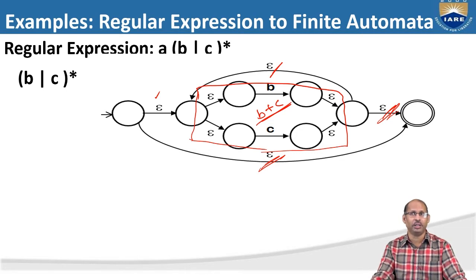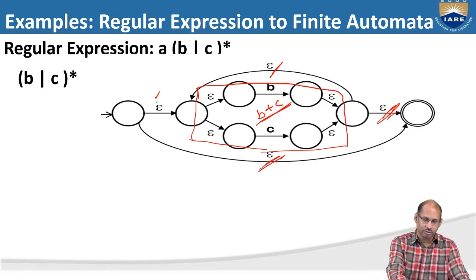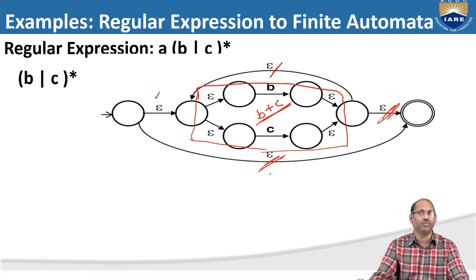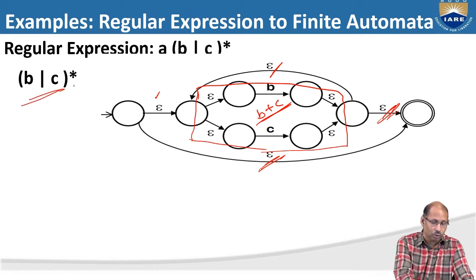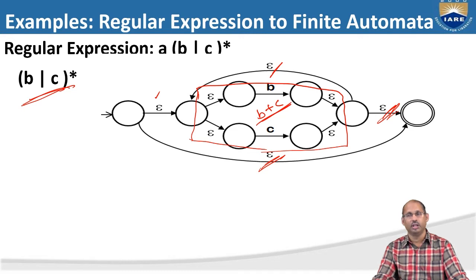How to make this closure property: we consider B plus C as usual, and we add some initial state and some final state, and we connect with 4 epsilon transitions. 1, 2, 3, 4. Now we got closure of B union C.